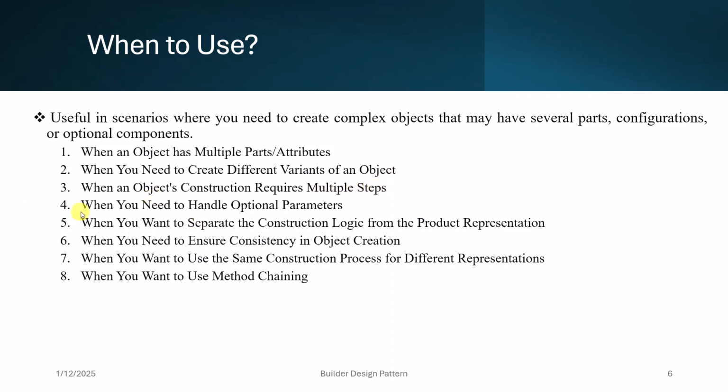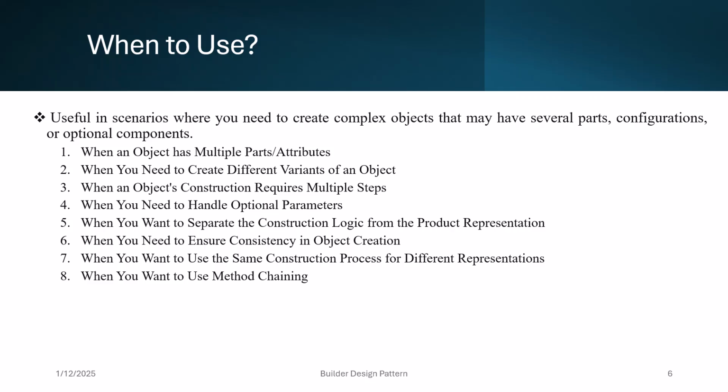Another use is when you need to handle optional parameters. If the object you are creating has many optional parameters, the builder pattern makes it easier to set these parameters, avoiding long constructors with many arguments. One example is a house object.